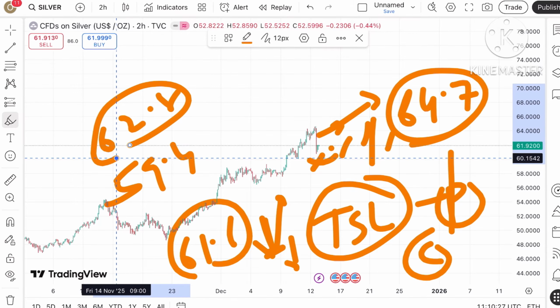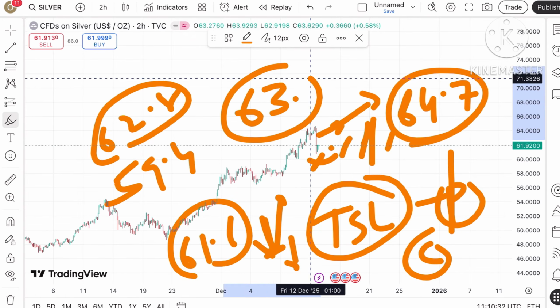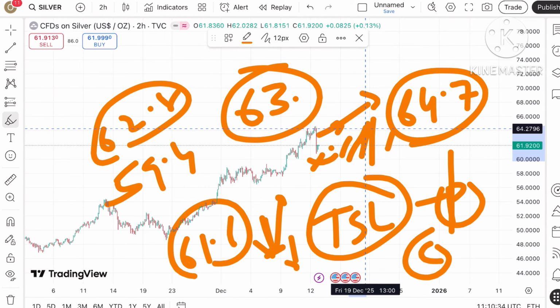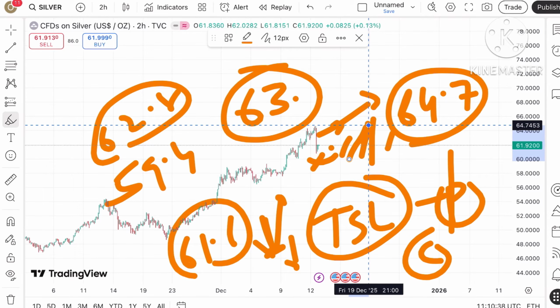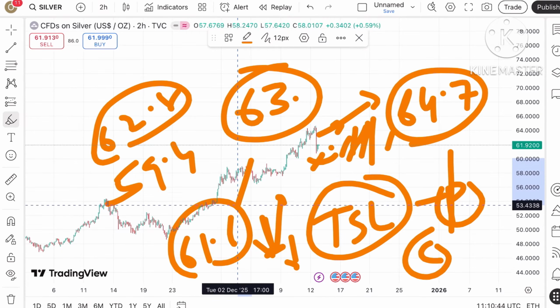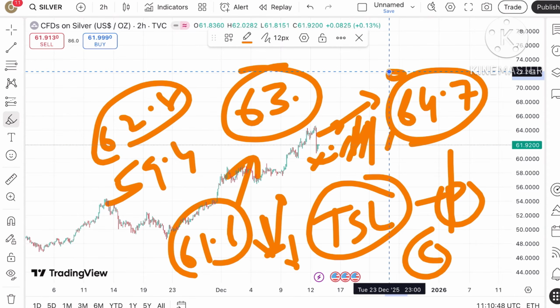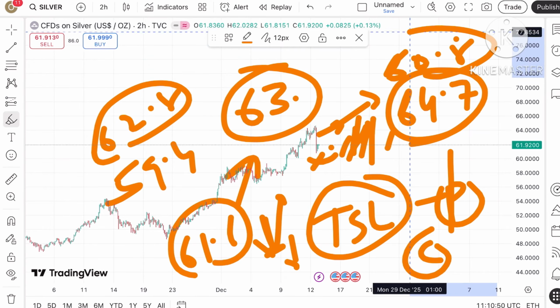As long as the price holds above a level of around $63, there is a higher chance that it can move above 64.2, and then go towards $65. A strong 2-hour close above 64.2, and only then can we see a further rise. But if the price starts falling below $60.8, we can see a further downfall.